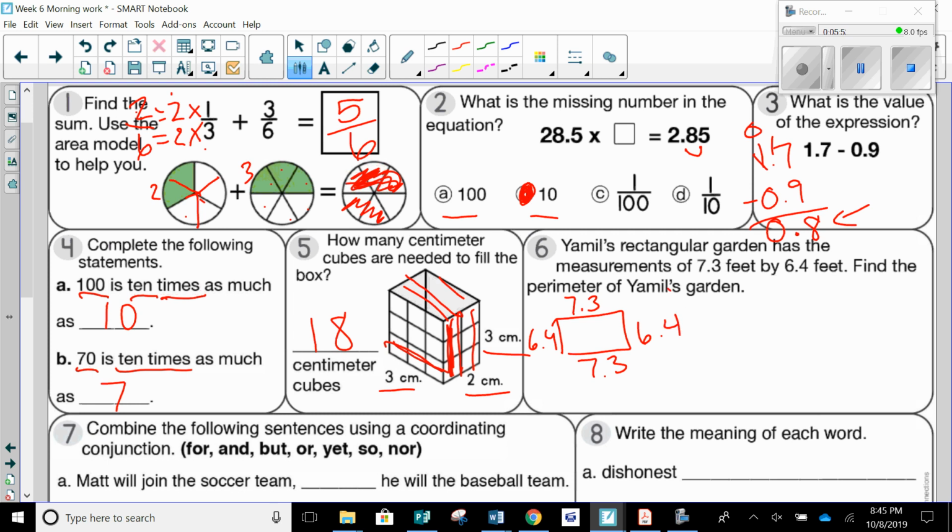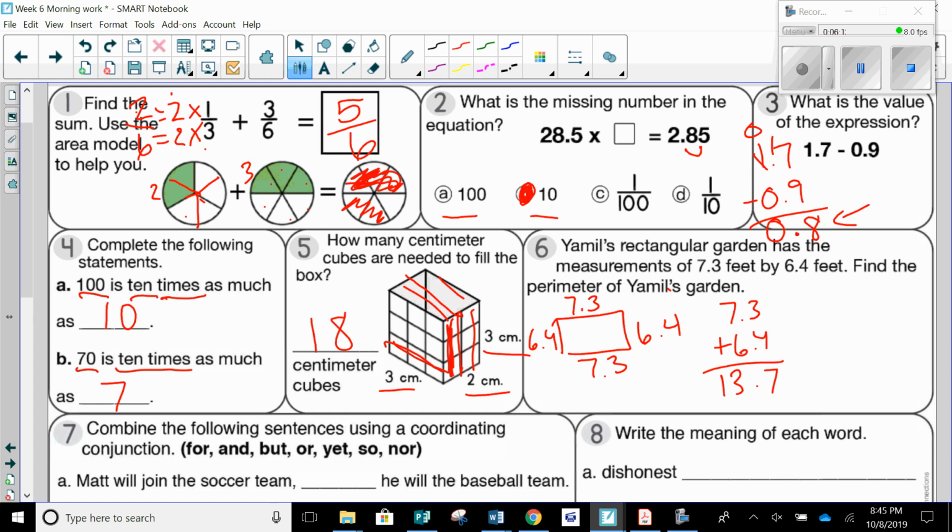I can either add these all together, or I can take 7.3 plus 6.4, and that is going to give me 13.7.